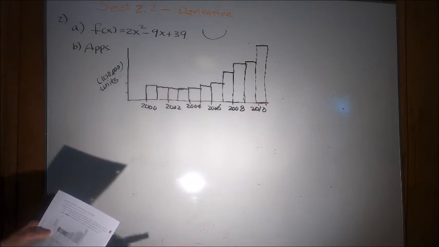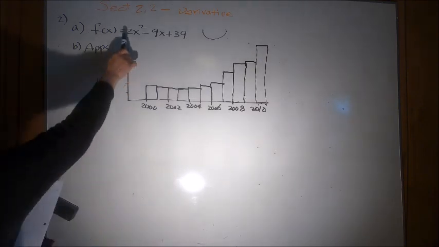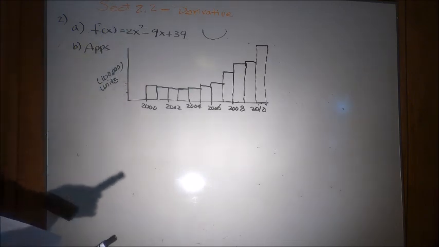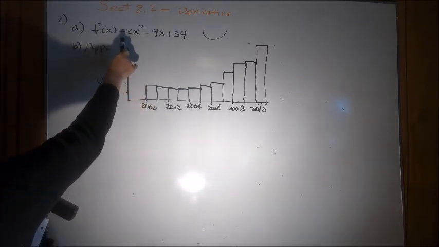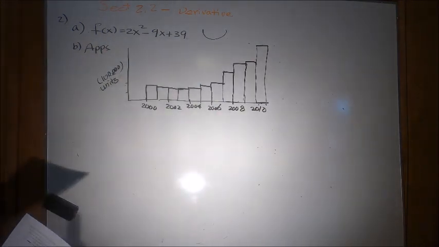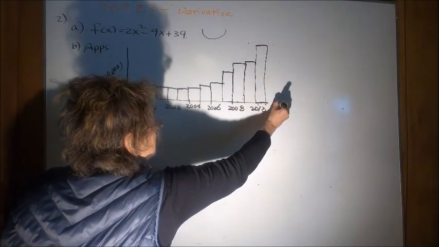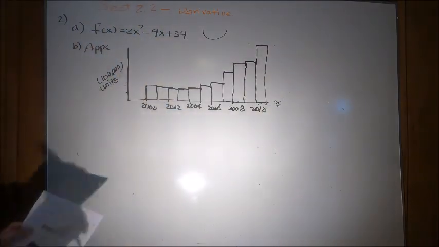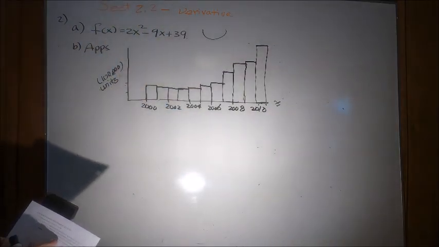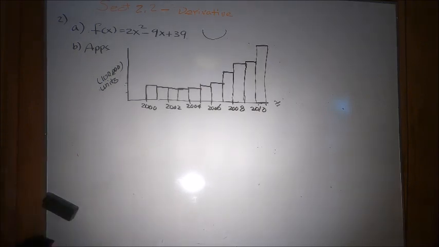So these annual sales are approximated by the function of this. Somebody did a study during those years, so they derived those equations. So x, this is your x, stands for the year since 2000. Find the instantaneous rate of change of this function when x is 10.